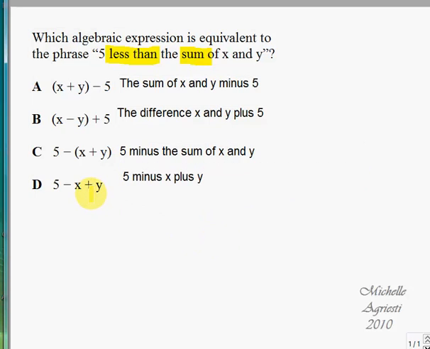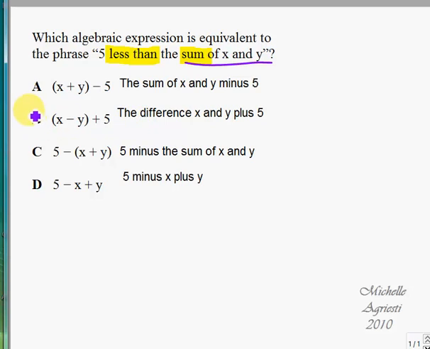Okay, none of ours exactly match what we're trying to find, 5 less than the sum of x and y. But I do know we have the sum of x and y, and some of these do not have that.